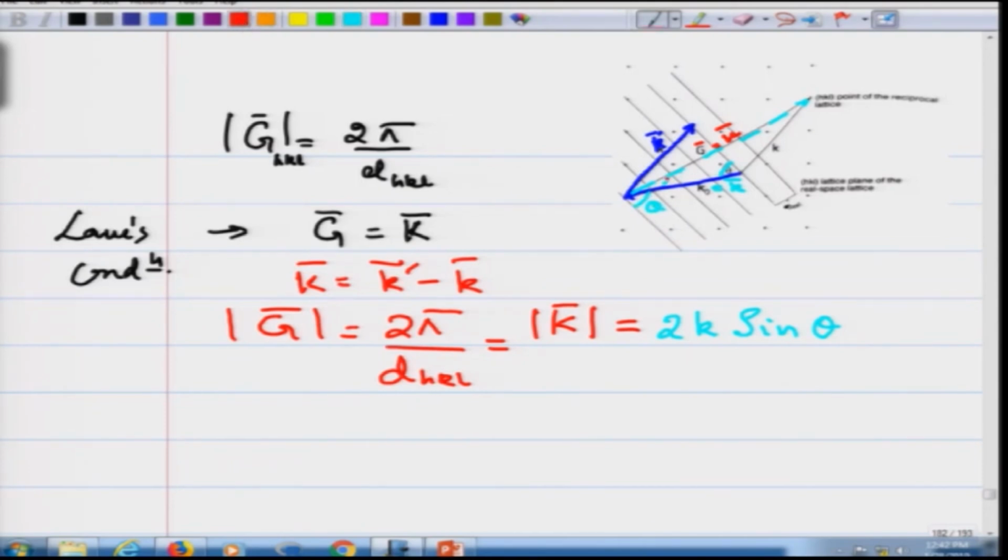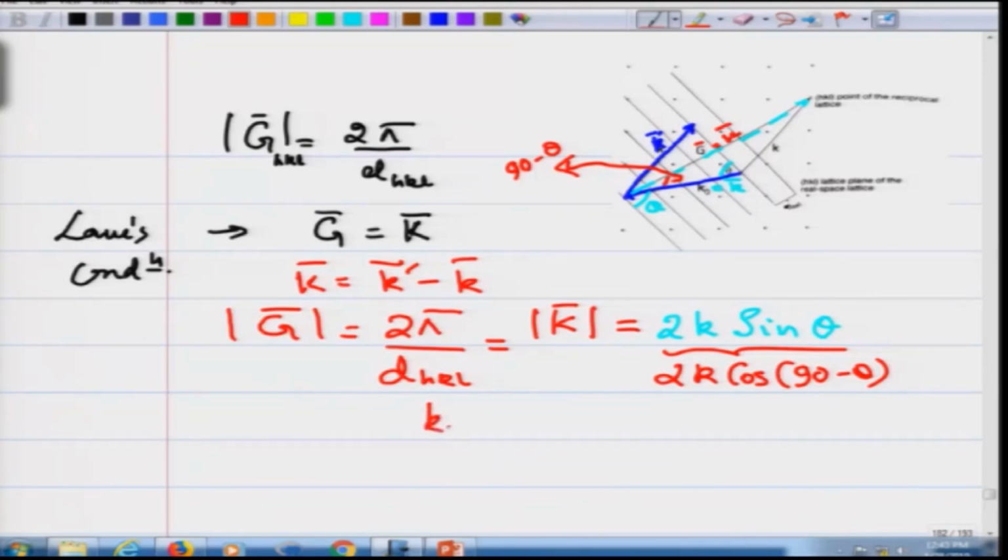This angle which I have drawn here is 90 minus theta. So, this total distance will be essentially twice k cos of 90 minus theta, and that is nothing else but this.